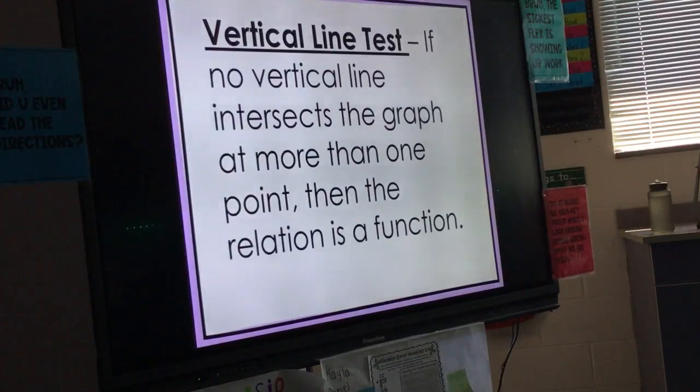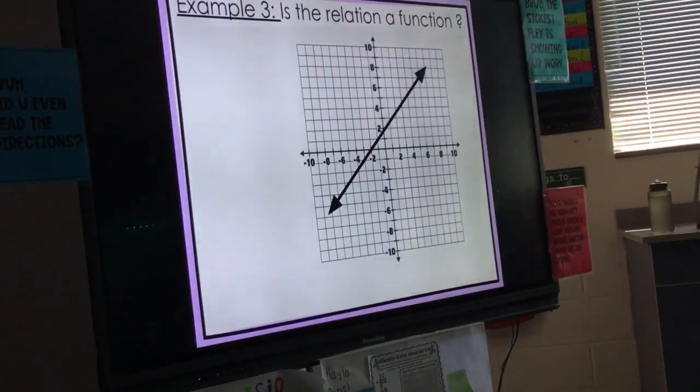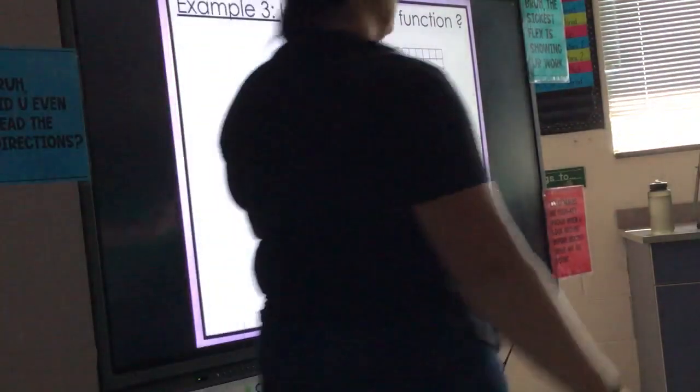All right, so again, the vertical line test. Essentially, if you have a line on a graph and you draw vertical lines on it, up and down, by the way, just in case you forgot, it should never intersect that line more than once. And you'll see what I'm talking about when we get to a couple of those. So this is your line on your graph.